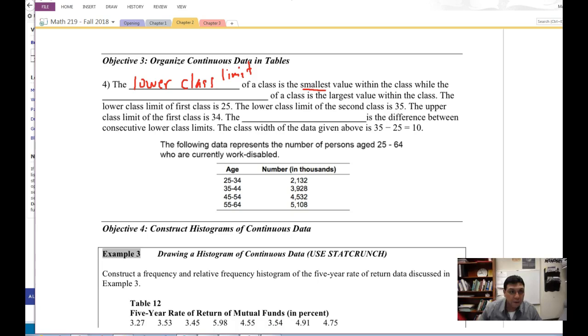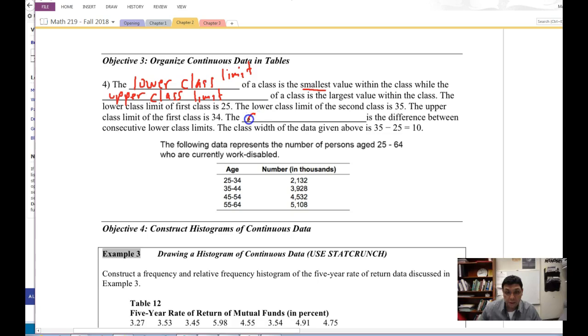Comparing that to the upper class limit, it's the largest value within the class. And so in this case, you can see the lower class limit for this one here. These are 4 classes. The lower class limit is 25, and the upper is 34.